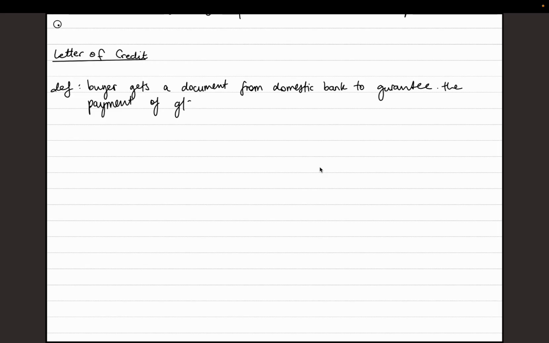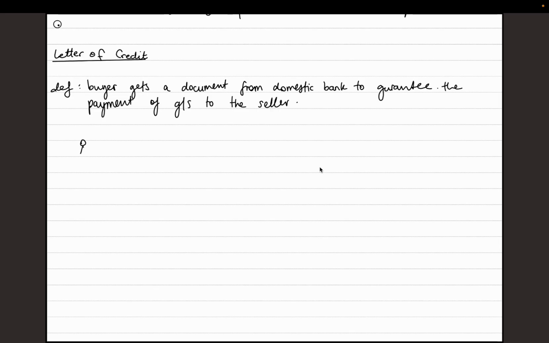Nice, okay. So the buyer gets a document from their bank, from domestic bank, to guarantee the payment of the good to the seller.